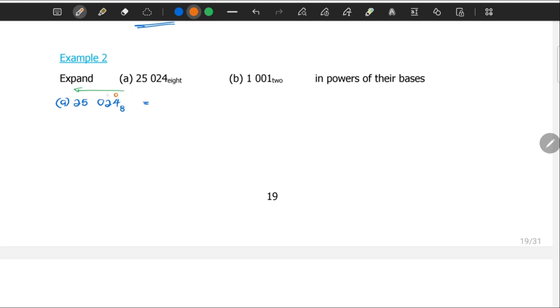We're going to start from 0, 1, 2, 3, and 4. And that expands to 4 times 8 to the power 0 plus 2 times 8 to the power 1 plus 0 times 8 to the power 2 plus 5 times 8 to the power 3 plus 2 times 8 to the power 4.